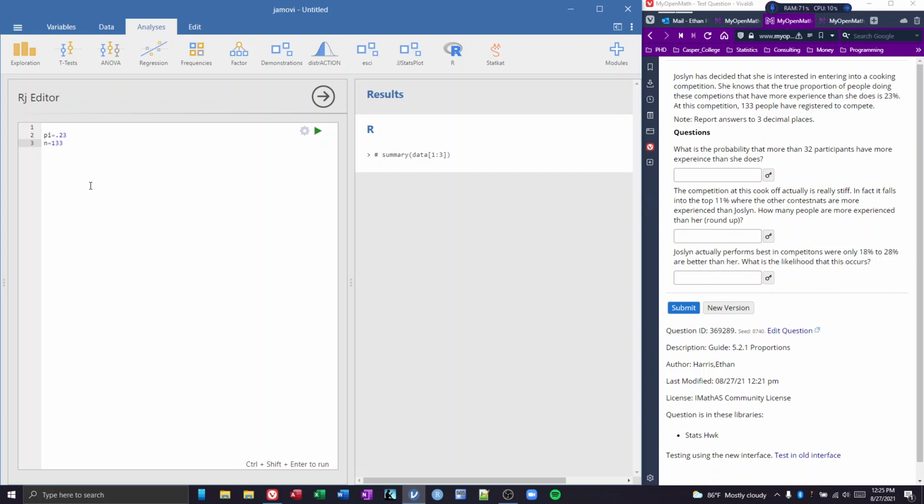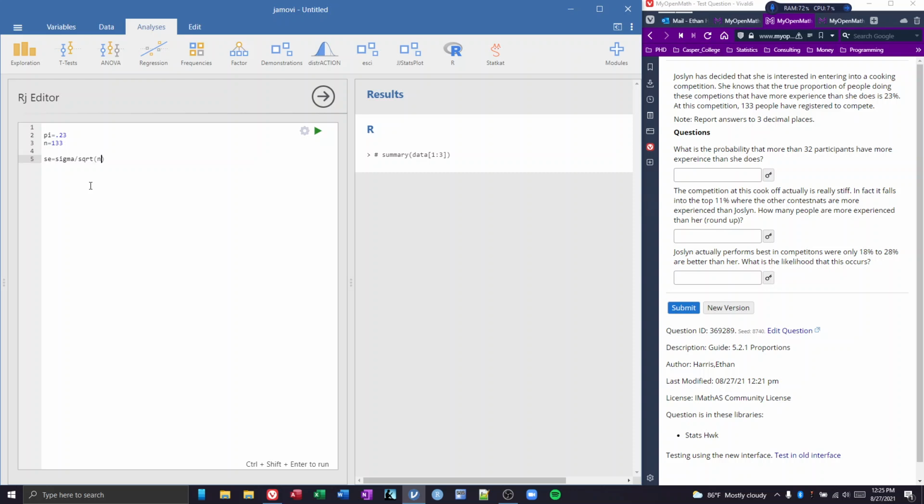Okay, so because we have these, we need to determine our standard error. Now remember that when we dealt with the standard error before, when we were dealing with means, the standard error calculation was just sigma divided by the square root of n.